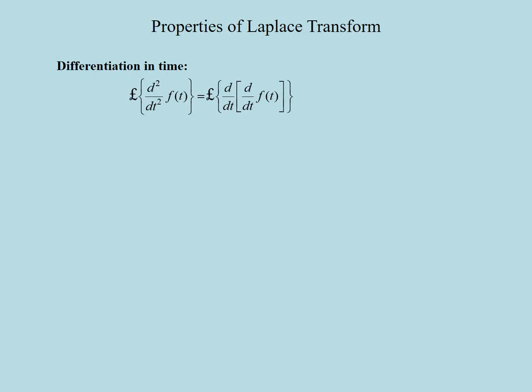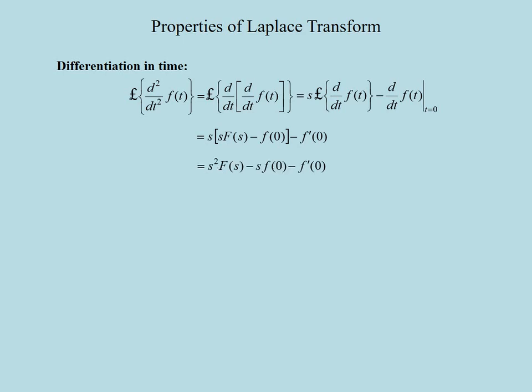That is, you can consider the second derivative of a function as the derivative of its derivative, apply the differentiation property for the outer differentiation, and then use it again to express the Laplace transform of the derivative of f of t in terms of capital F of s. Note that capital F of s is now multiplied by s square.